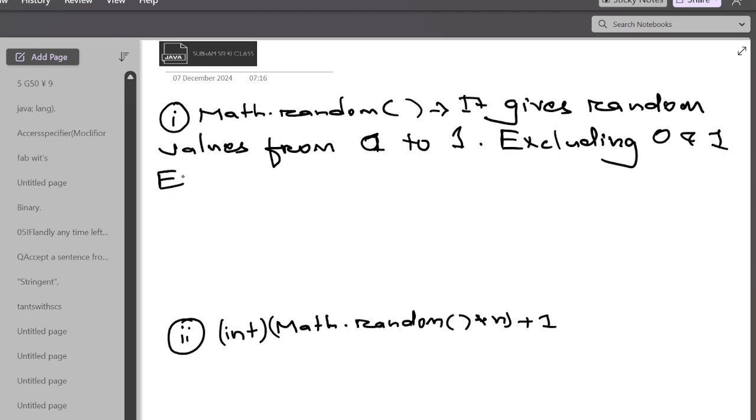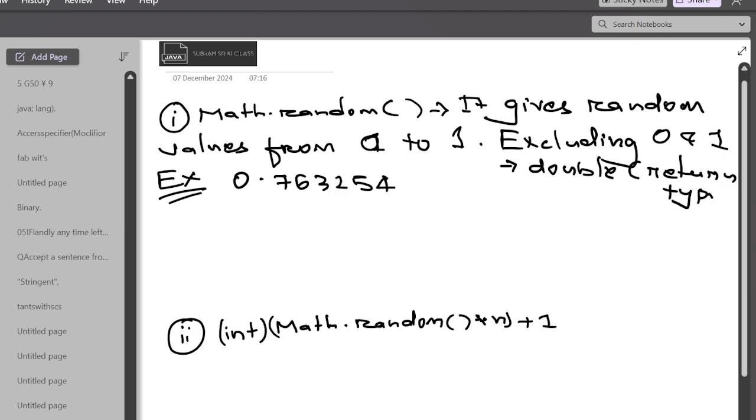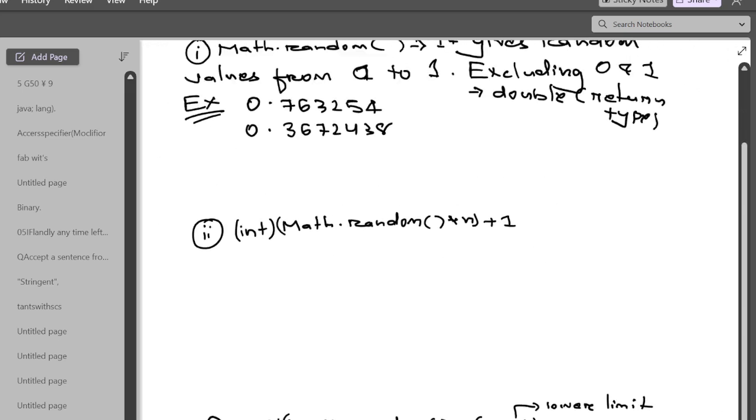For example, the values that you will be getting whenever you use Math.random will be 0.763254, bigger values, because its return type is double. Now, suppose I use it another time, I will get this kind of value, 0.72438, like that.